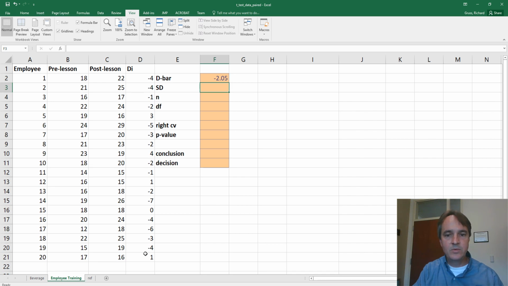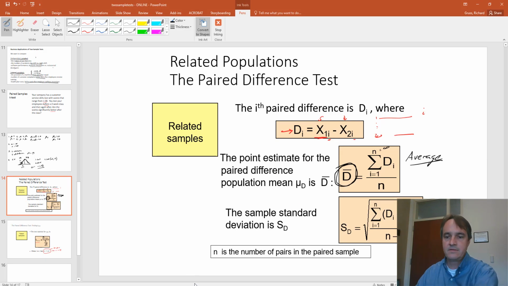The next thing we need is s sub d, which is nothing more than the standard deviation of those differences. You may remember this is the formula for standard deviation: take all the differences from the observation to the mean, square those differences, add them all up, divide by n minus 1, and then take the square root.